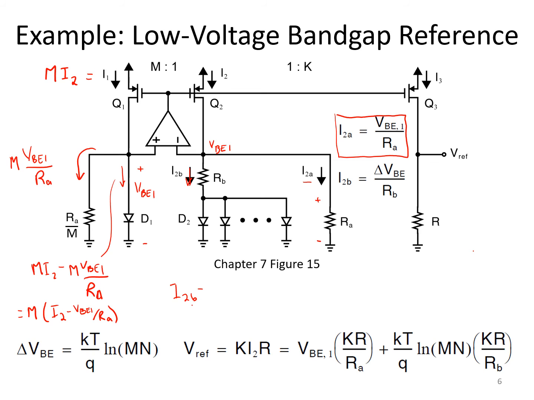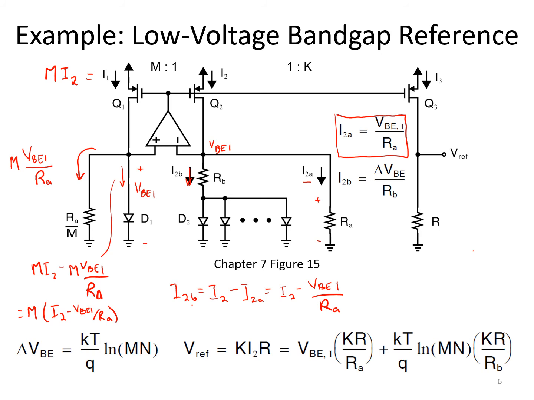I2B is therefore the total current I2 minus that portion of current that flows through resistor RA. So it's I2 minus VBE1 over RA.